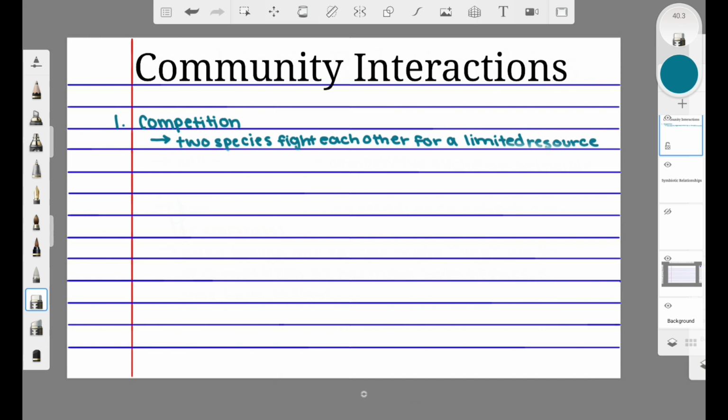So if we think about limited food in an ecosystem and two species of birds are both eating the same limited plant, let's say, or limited insect, that is causing competition between them because they have another species to fight over that resource.